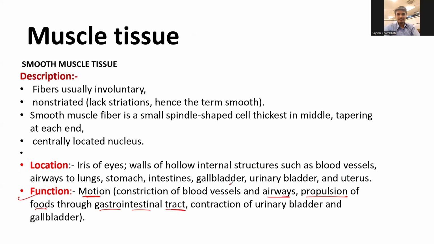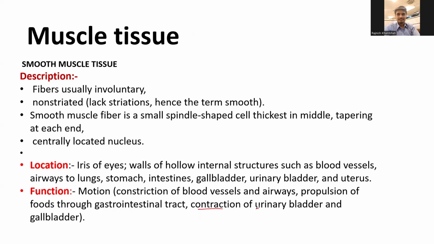Why? Because of the movement created by smooth muscles, which carry the food into the stomach and on into the intestine. This is known as propulsion of food, also known as peristaltic movement, and that movement is given by smooth muscles.